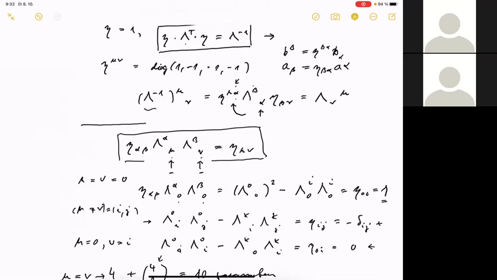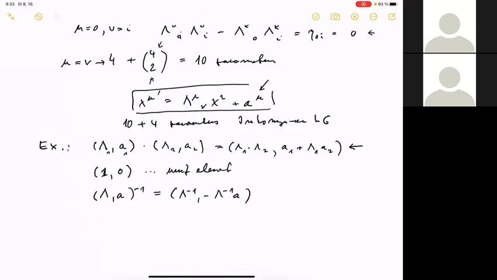This lambda to the -1 is given by this operation. So these doubles, matrix lambda and shift a, form together a group, and this group, as I have already said, is just what we call the inhomogeneous Lorentz group.